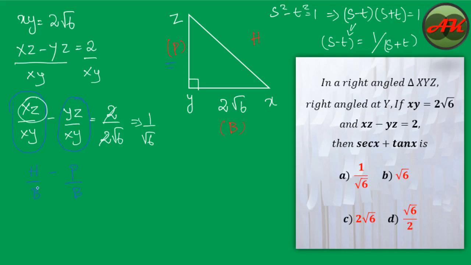So this is the form: hypotenuse by base is secant, right? I am writing secant x, so according to the question I am making this x. So minus perpendicular by base is tan x. So they have given the value 1 by root 6.